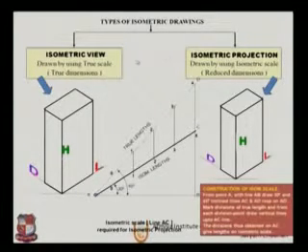So these are the types of isometric drawings. To draw isometric view, we use true, meaning actual dimensions, the dimensions exactly given in the problem. We can use them on any axis by simply drawing at 120 degree angles.